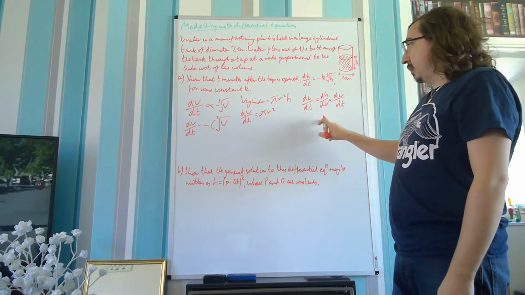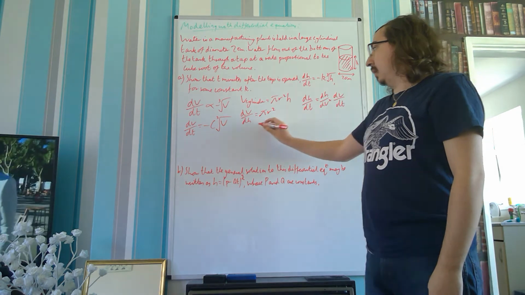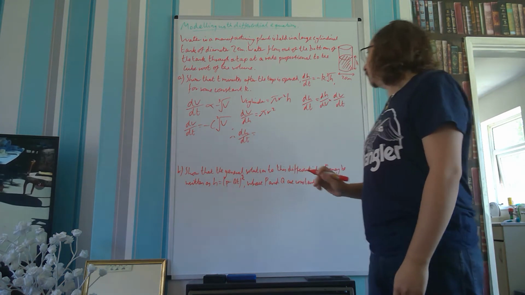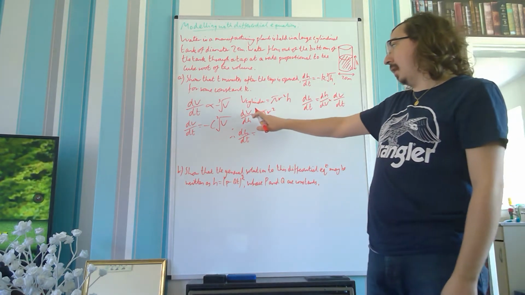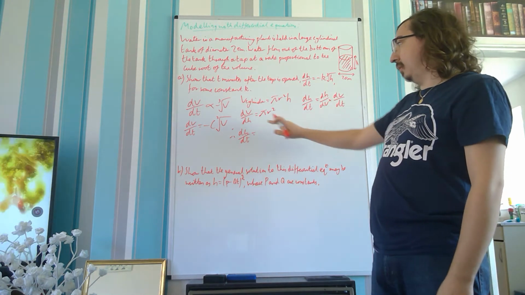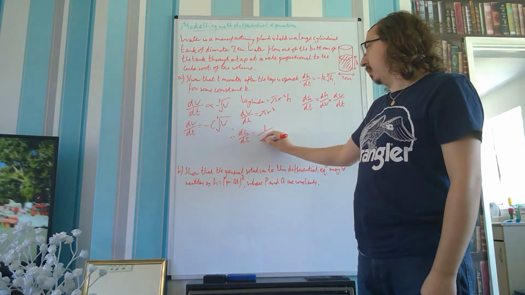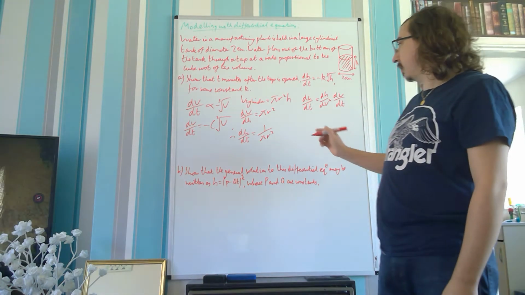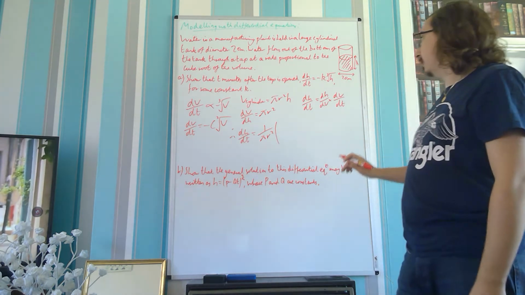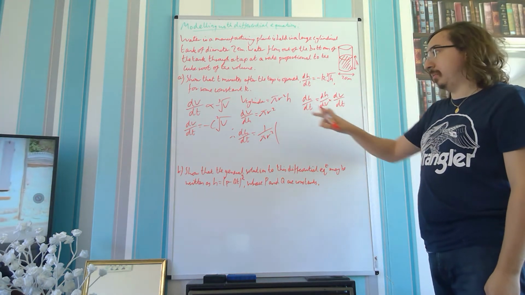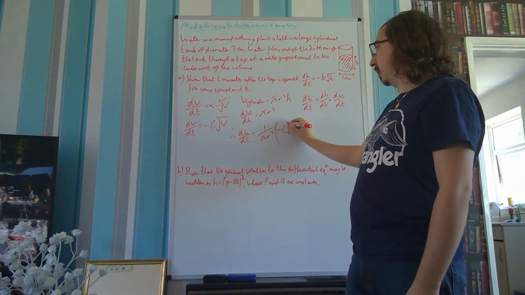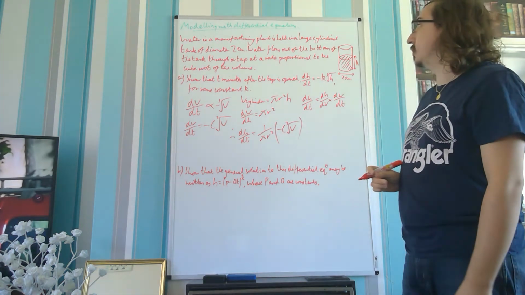So we can actually substitute in at this point to say, therefore, dh by dt is equal to, we have dh by dV, which is 1 over this, so 1 over pi r squared, times dV by dt, which is minus c, the cube root of v.